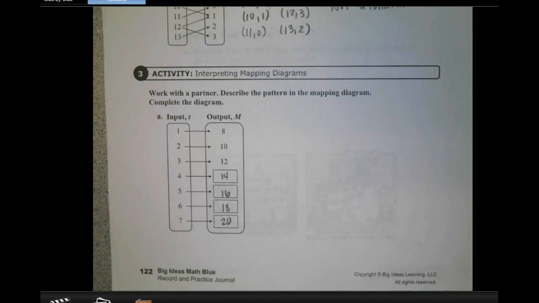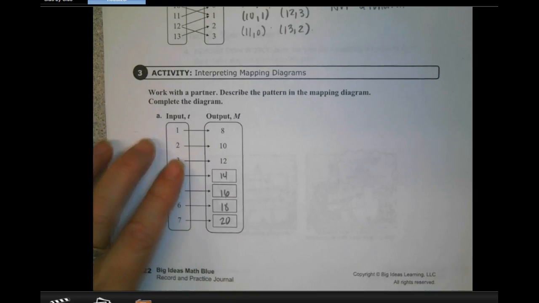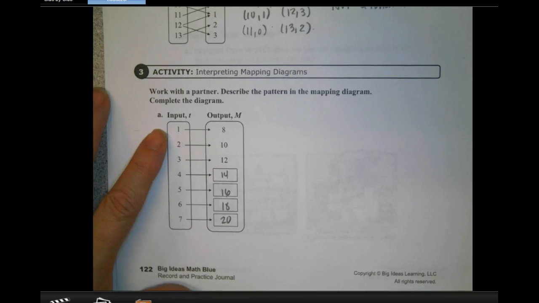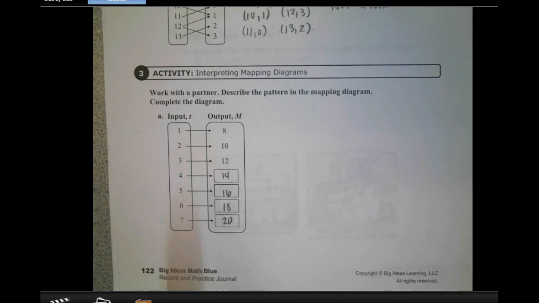So there's got to be a way to get 8. Maybe I do 7 plus 1. Well, yeah, but we already tried adding 7. That didn't work. So how could I do that?